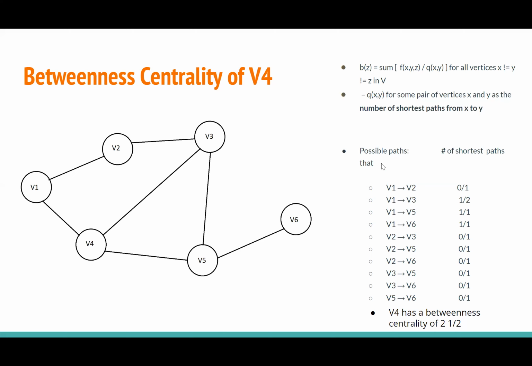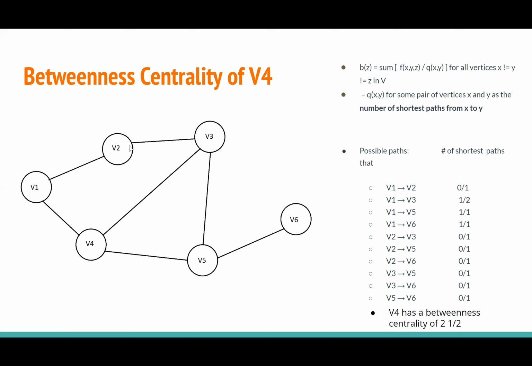So, for example, we're going to do the betweenness centrality of V4. So actually, you can just ignore all the ones that go from V1, for example, to V4, or V2 to V4, V3 to V4, V5 to V4, and so on.